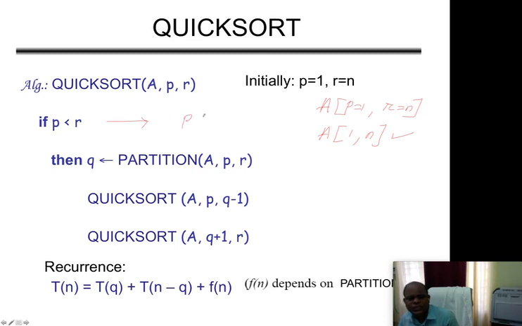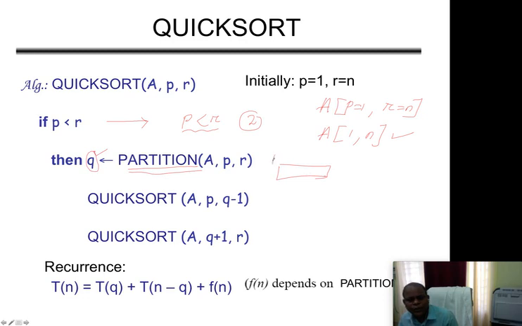If p is less than r, it means there are at least two elements. Then employ a partition algorithm to find a position q such that the array is divided into two parts.